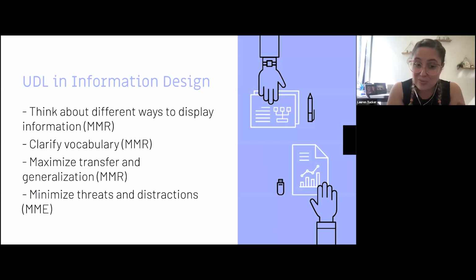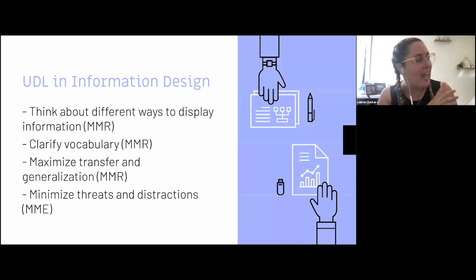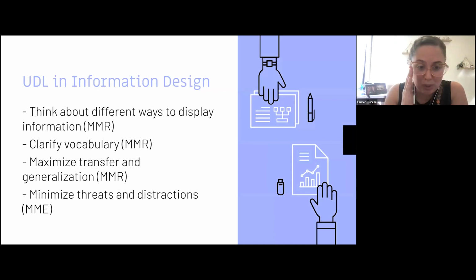All right, so now transitioning and continuing to think about multiple means of engagement and reducing threats and minimizing distractions, thinking about universal design and information design. So how are we displaying information? This can come in lots of different spaces. So that's why I have my MMRs, multiple means of representation. So thinking about ways we're sharing information. What vocabulary are we using on our flyers or within our courses to ensure that our students understand expectations?